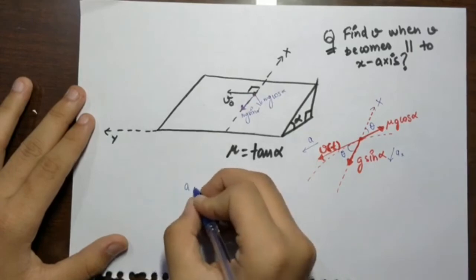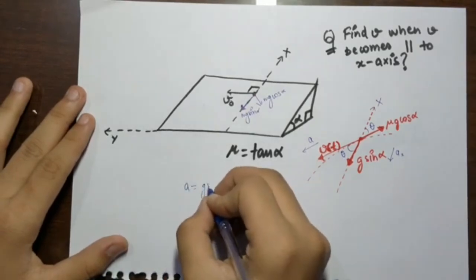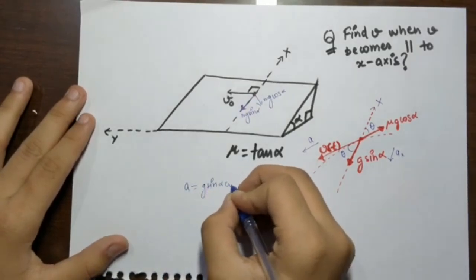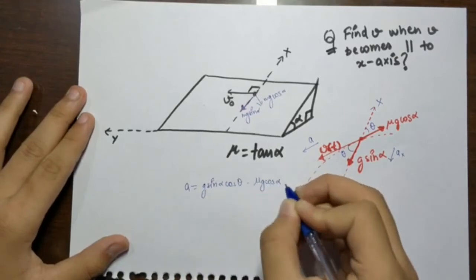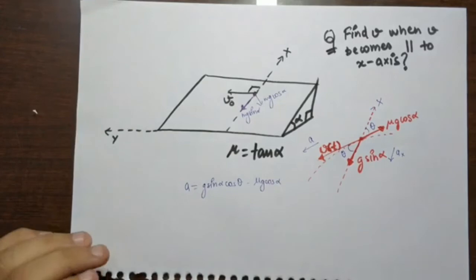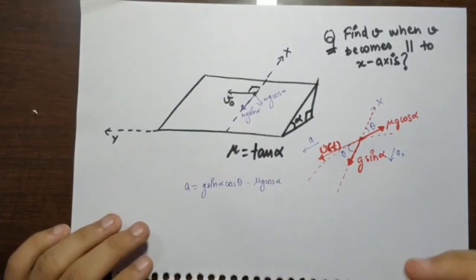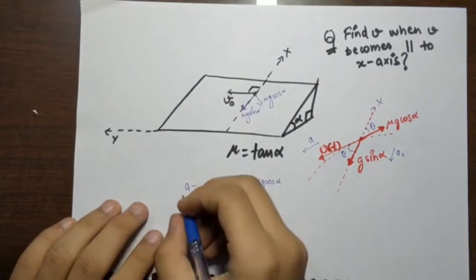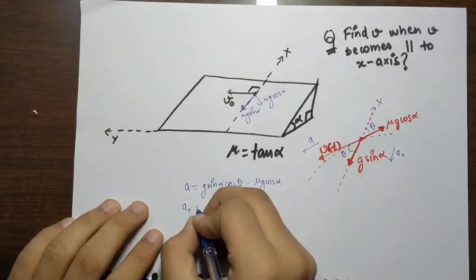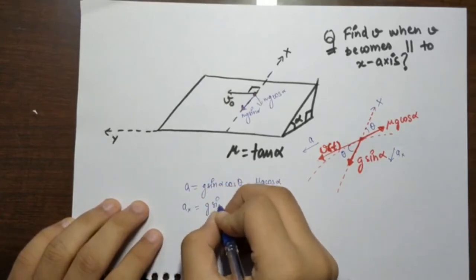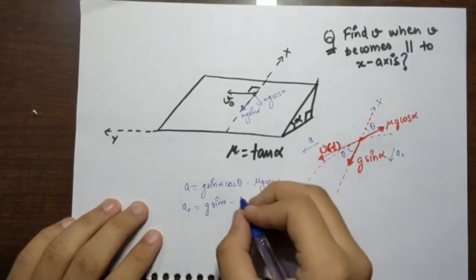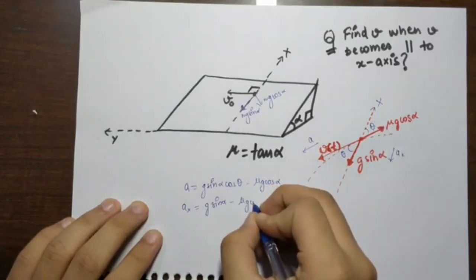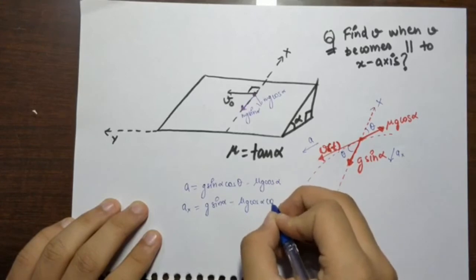The value of a is g sine alpha cos theta minus mu g cos alpha. This is the value of a on the particle in the direction in which it is moving at that instant, and the value of ax is equal to g sine alpha minus the component of mu g cos alpha in the direction of the x-axis, which would be mu g cos alpha cos theta.